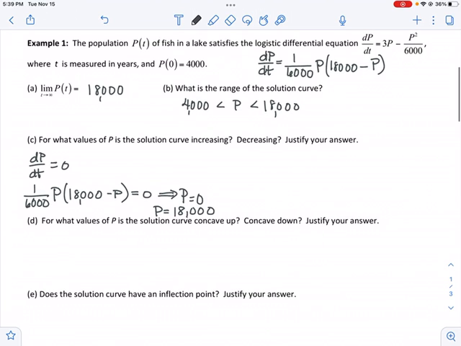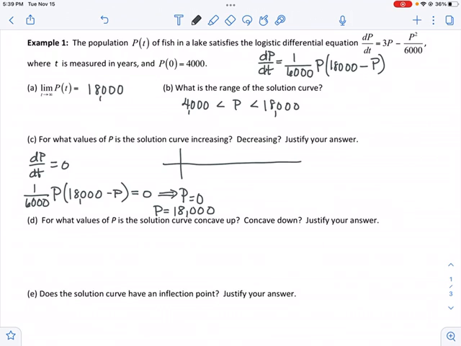So we're going to make a little table here. Sometimes we can use a number line, but tables are just as useful. So if I talk about P and dP/dt, then we know that at 0, the growth rate is 0. Then at 9,000, I'm going to use that as a test mark. And then at 18,000, that's where we know the derivative is equal to 0.